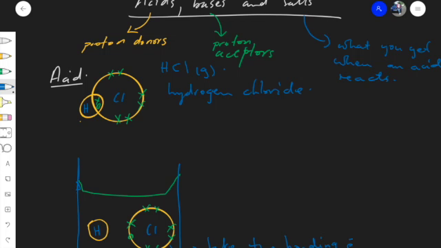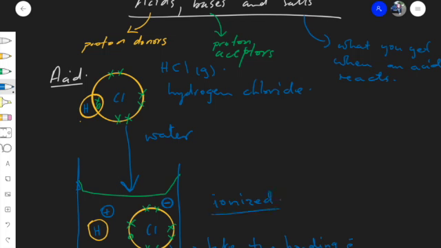So your chlorine is going to be negatively charged because it has got an extra electron, and your hydrogen is going to be positively charged. Hence, if you put this in water, it is going to be ionized.